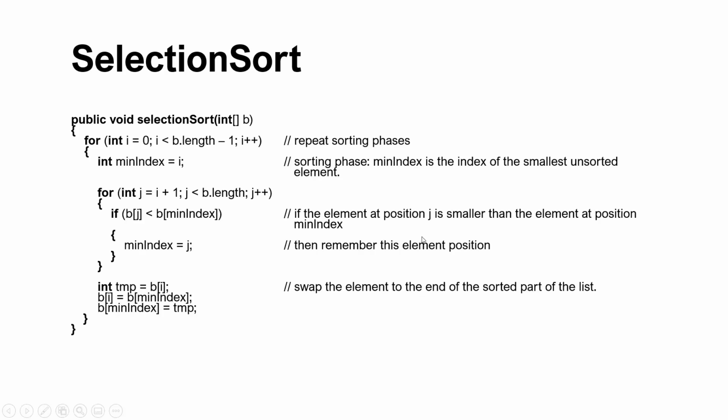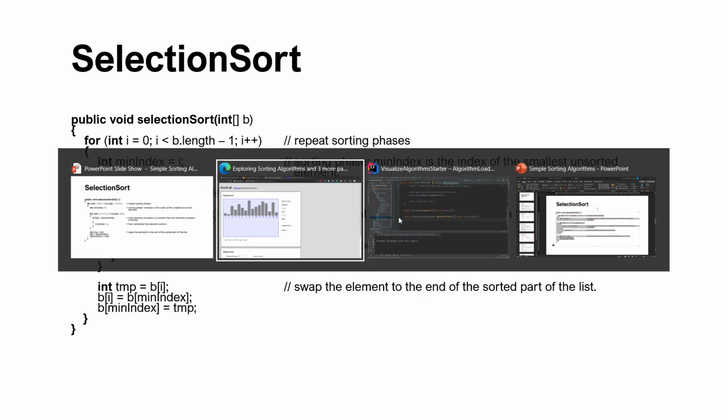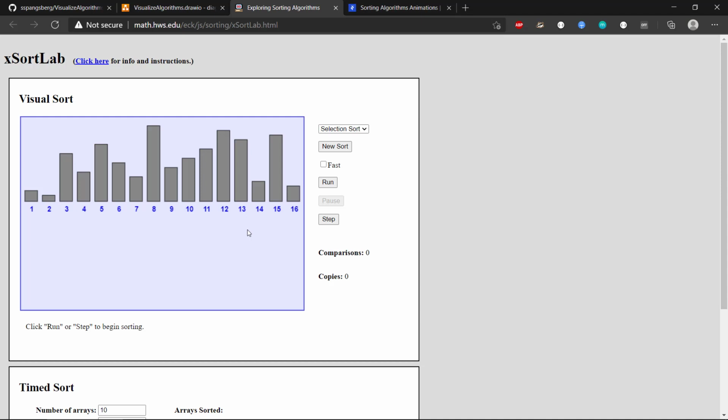We have the code here, but let's take a look at how this algorithm works. If we start the algorithm here, SelectionSort, we can see that the idea behind it is that it will search for the largest element, and then it will place that element at the end of the array.